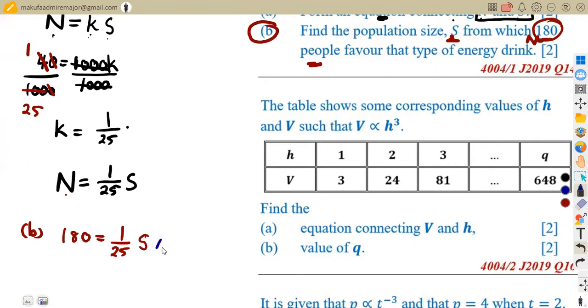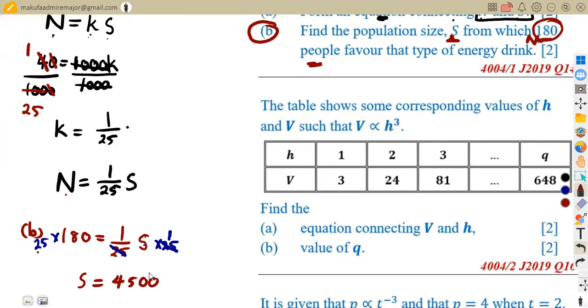We can simply multiply by 25 because whatever you do on the equation on the left-hand side or right-hand side, you do it on the other side. So here we multiplied by 25 so that 1 over 25 times 25, we remain with 1. 1 times S, that is, we have got S in this case. Then here we multiply 25 times 180. So 25 times 180 was going to give us 4,500.